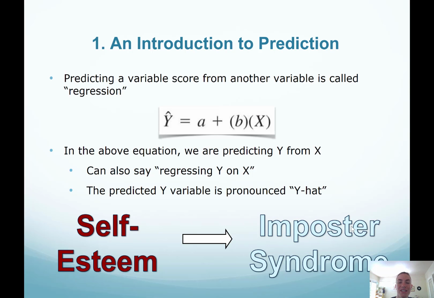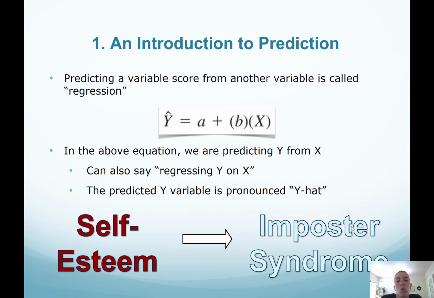And this equation that you see on the screen, y-hat equals a plus bx, is the format for the prediction rule. Like I said, it's a little small formula. And in this equation, we are predicting y from x. We can also say we are regressing y on x.